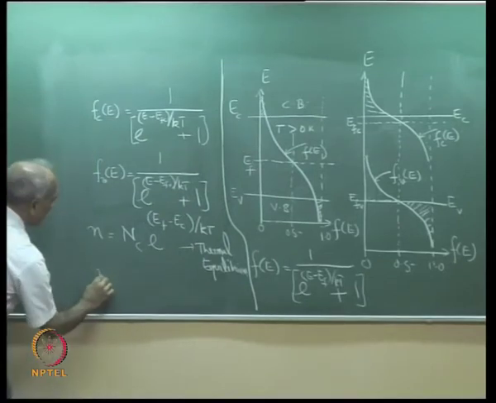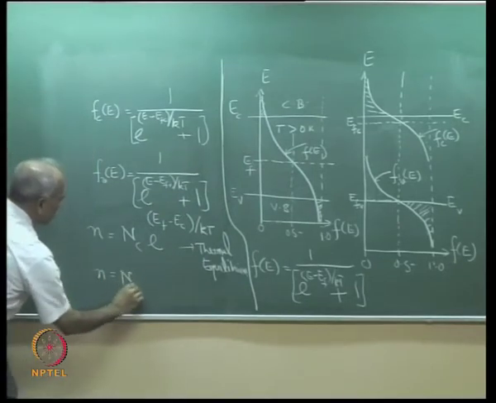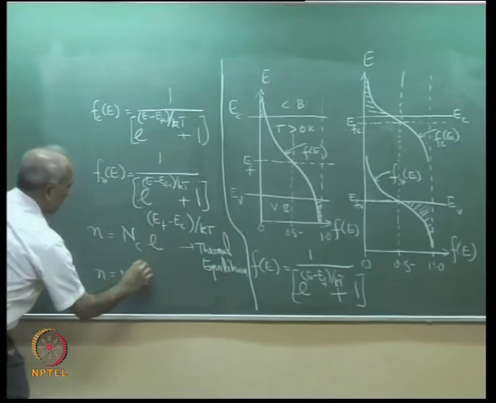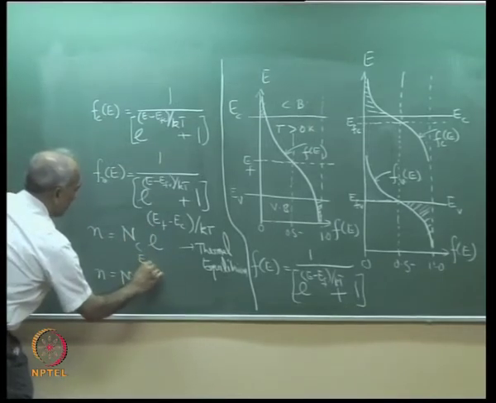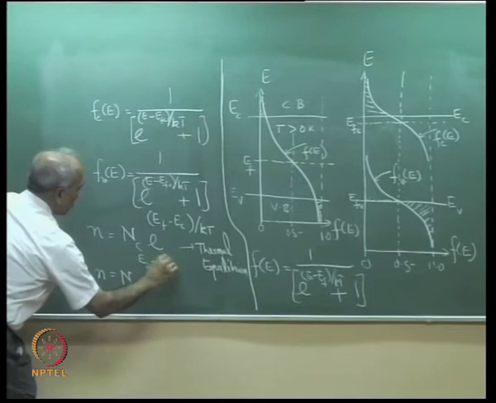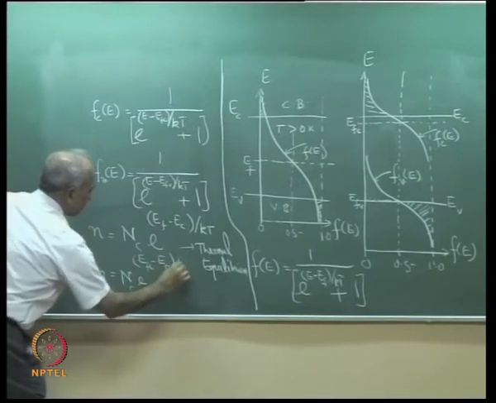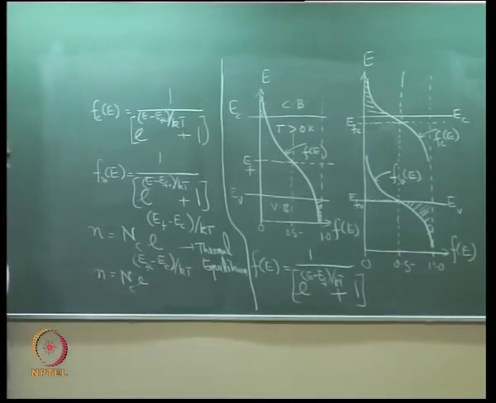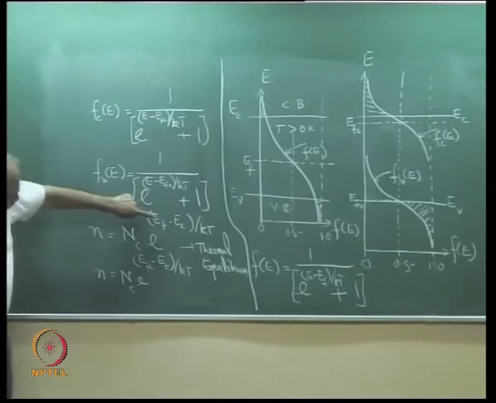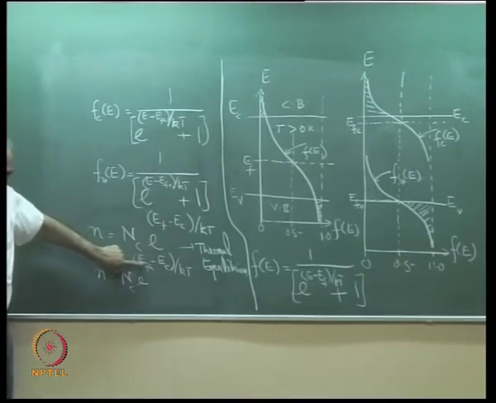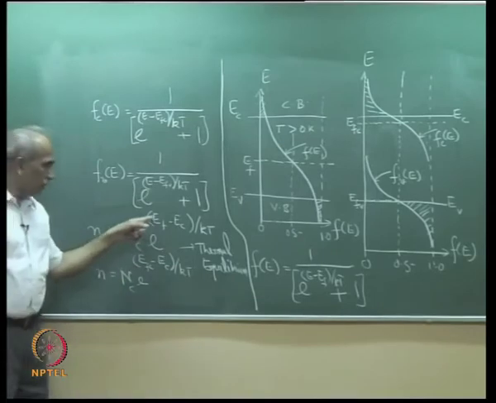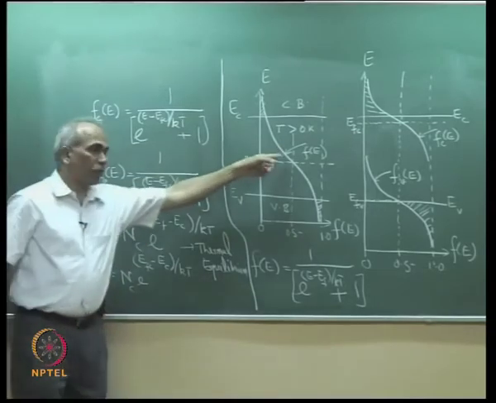In quasi equilibrium, the same expression is valid with EF replaced by EFC minus EC by KT. Simply the EF is replaced by EFC, because what was EF doing? It was describing the Fermi function.